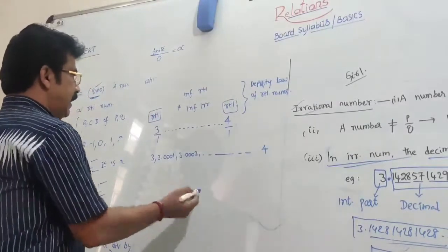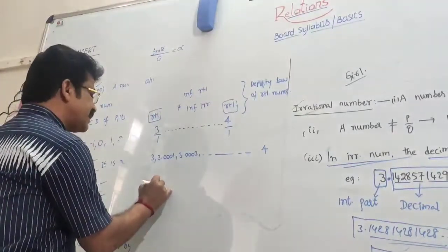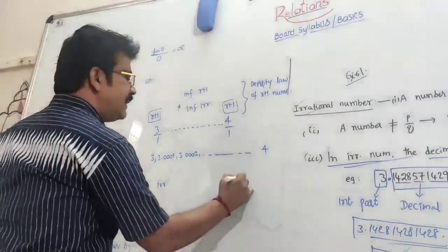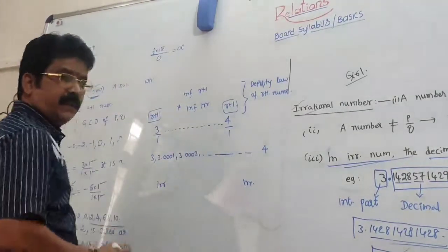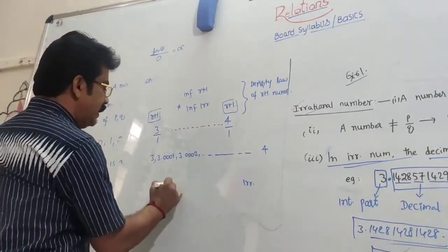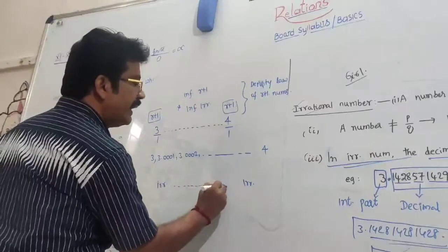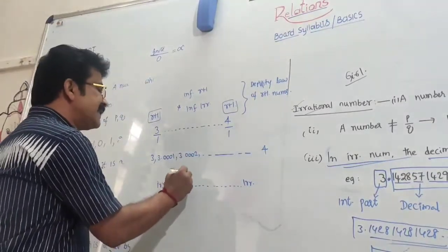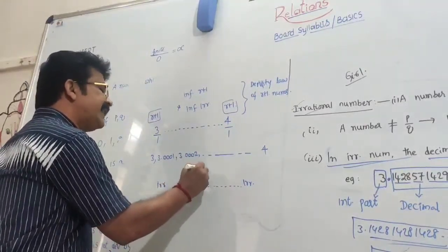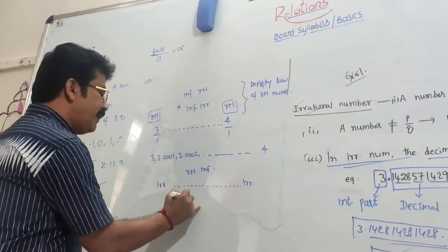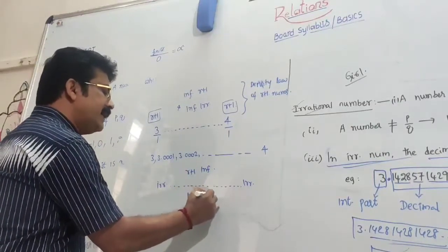Okay. Next, let us take irrational numbers. Take one irrational number and another irrational number. Between these two irrational numbers, how many rational numbers are there? Infinitely many. Similarly, how many irrational numbers are there?